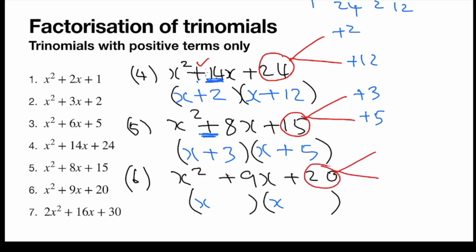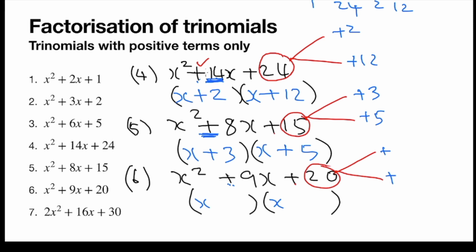We need two numbers that we multiply to get 20. But before you think about it, check there is a plus sign. The plus sign there is telling you that the two numbers should carry the same sign. The two numbers should be positive or both negative. But I know in this case, they should be positive because I'm trying to get a plus.